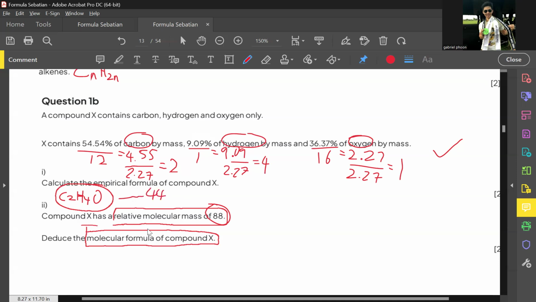And they say compound X has a molecular mass of 88. So what's the formula here right now?